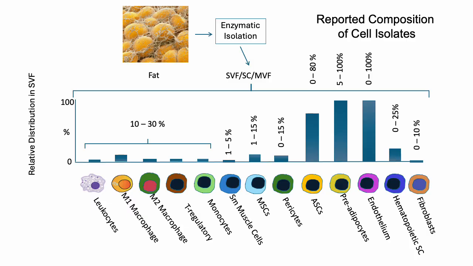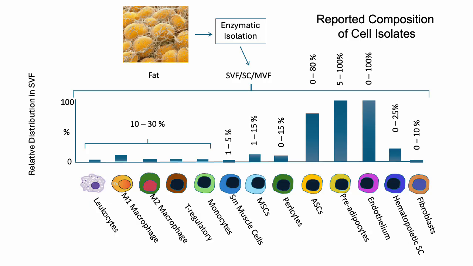This is the published relative distribution of different types of cells in fat once you've done an enzymatic isolation of SVF, SC, or MVF. Talked about this briefly before.